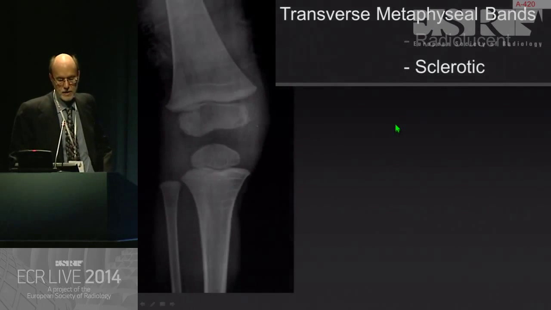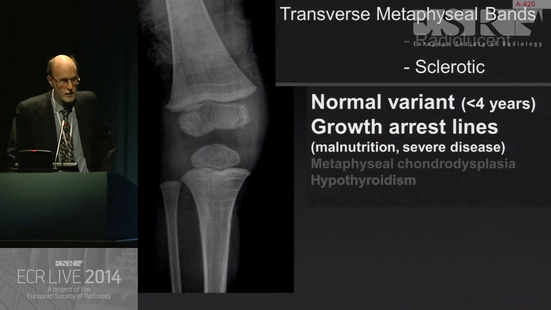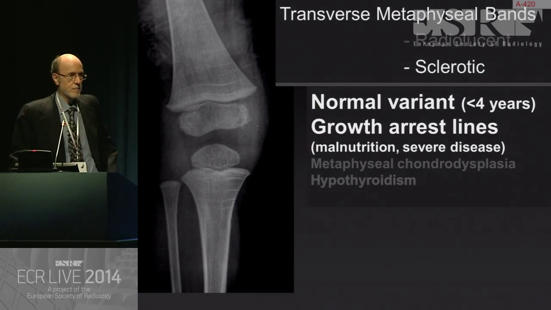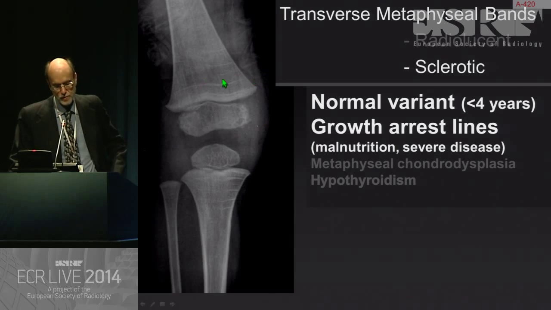When the transverse metaphyseal bands are sclerotic, usually they are due to growth arrest lines because of some previous period of malnutrition or severe disease, and then there's recovering of this process, and again another process, and this gives the appearance of these multi-layered sclerotic transverse metaphyseal bands.